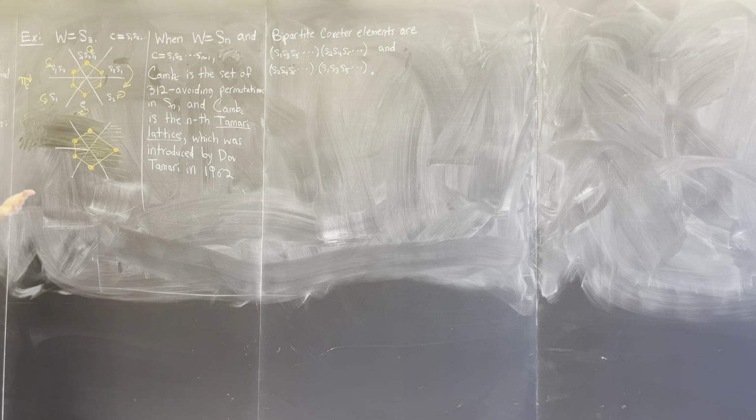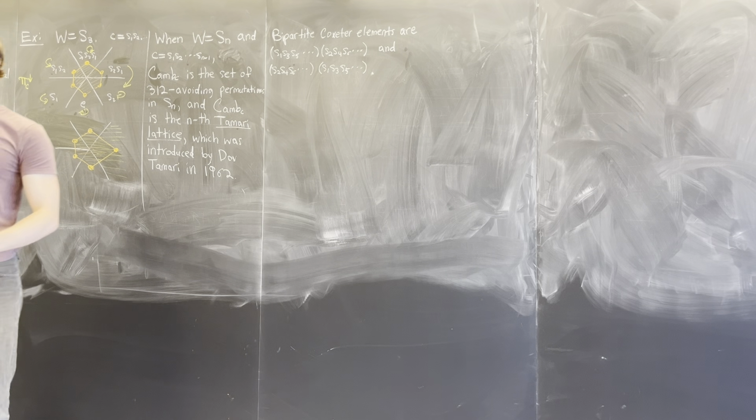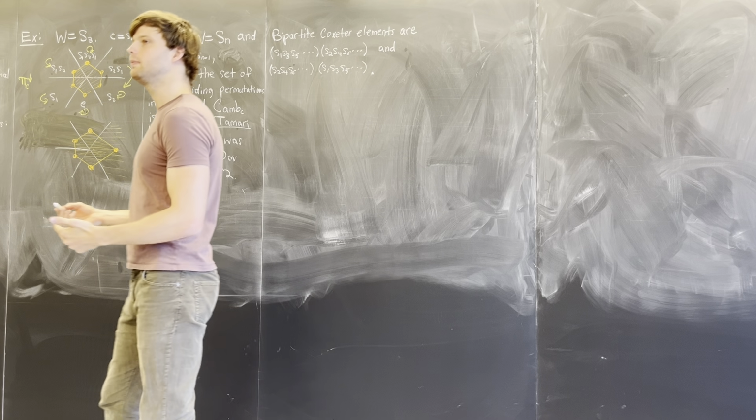This doesn't really make sense if you write down the Coxeter graph of something like Bn, because it's got a fork. And so it doesn't really make sense to say go from one end to the other. But there is a notion of bipartite because any finite irreducible Coxeter group has a Coxeter graph which is a tree.